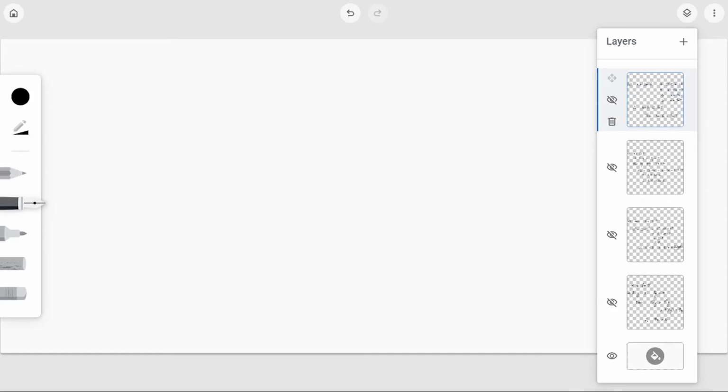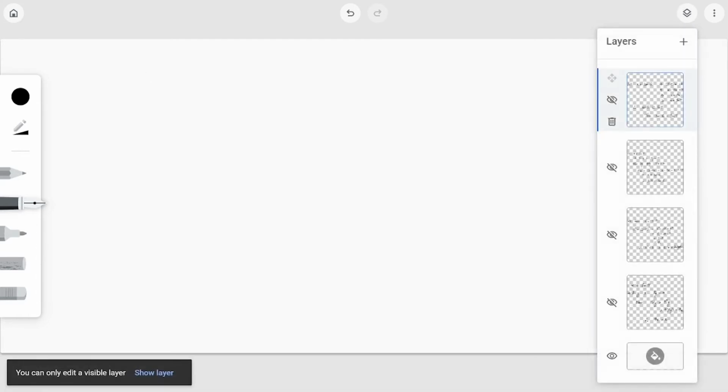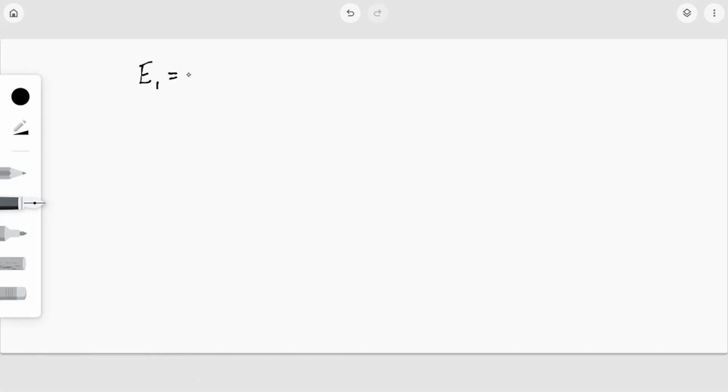So let's see how we can prove this. E1 is equal to image of P and E2 is equal to kernel of P, where P is the projection from E to E, right?